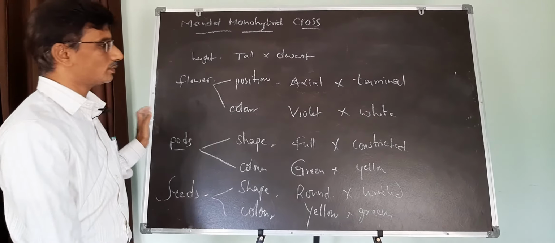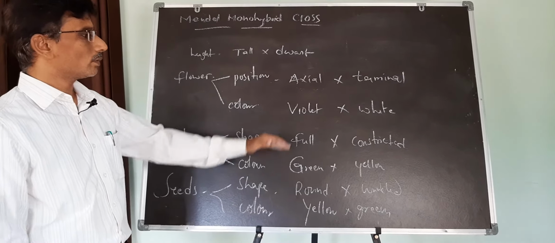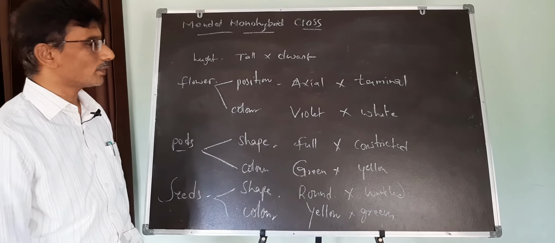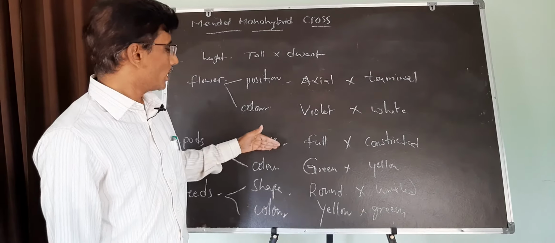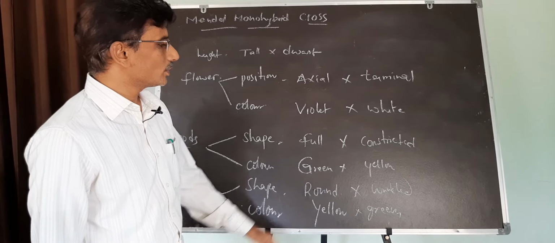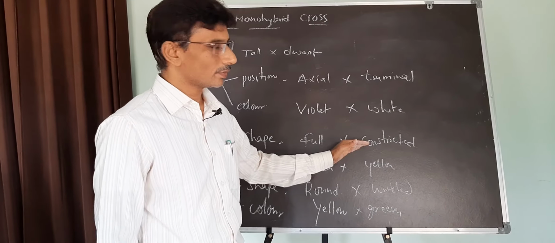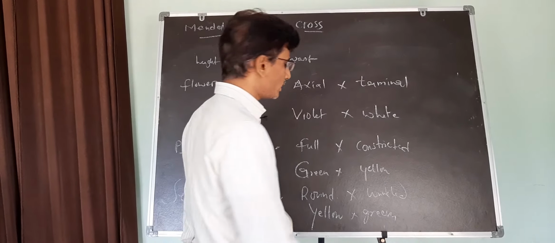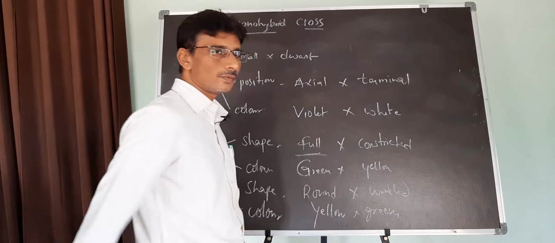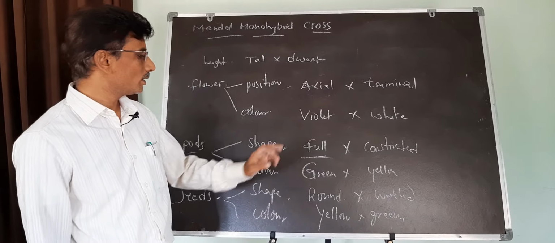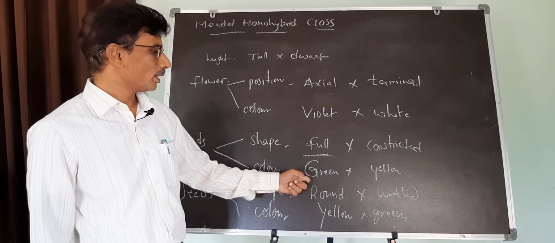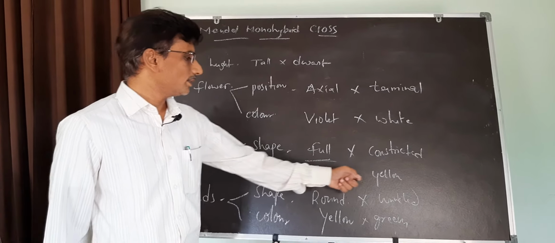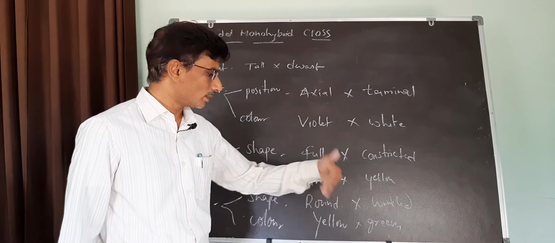When you observe the monohybrid cross in all these 7 pairs of characters, you get the same results. For example, the full pods are crossed with the constricted pods. Then what will happen? In the F1 generation, all plants have only full shaped pods. When you cross green pods with yellow pods, in the F1 generation all are green.